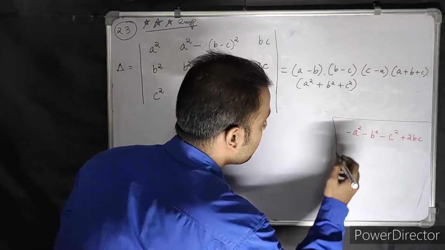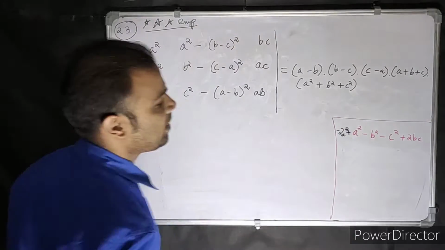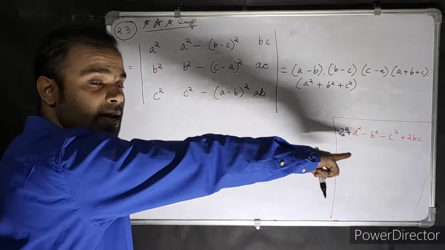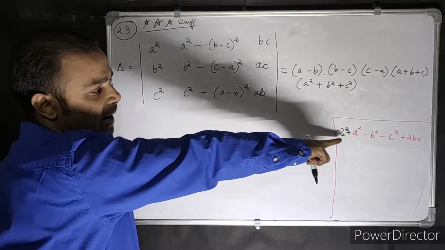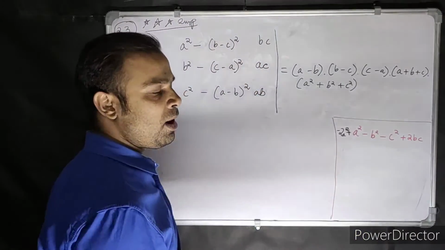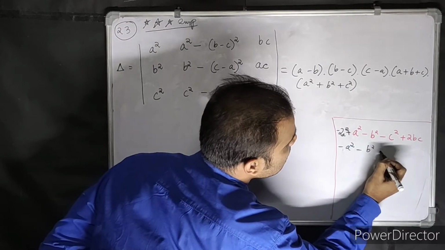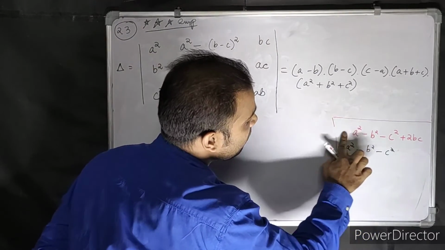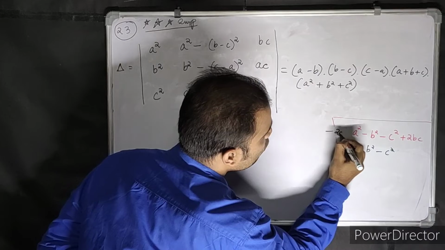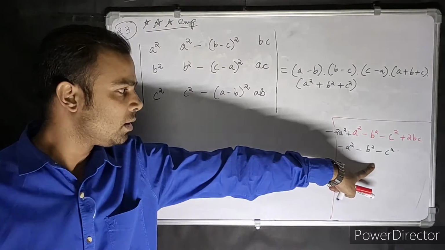What if I write minus 2a square over here and add it? That becomes minus a square. Now we have solved the problem, haven't we? This becomes minus a square minus b square minus c square. If you add a negative 2a square over here, then you have solved the problem.